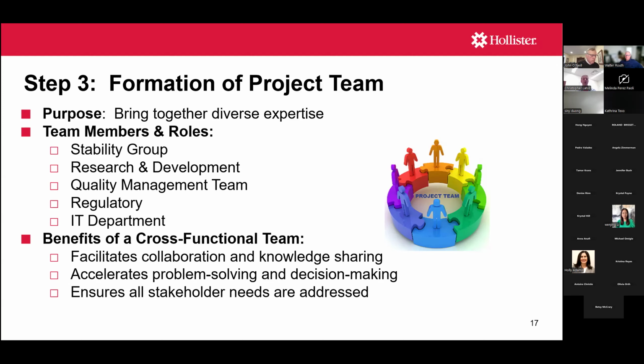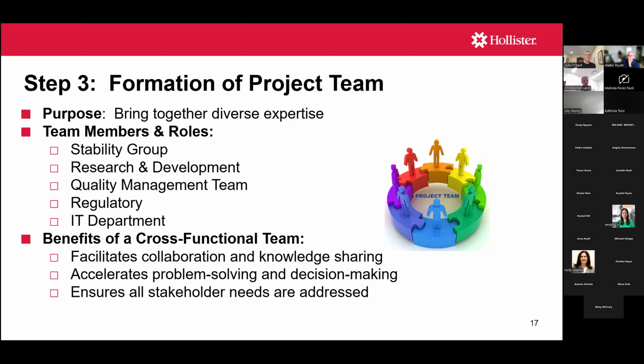If you don't include other people, downstream, you may run into a lot of difficulties where the system doesn't do everything that needs to be done to satisfy maybe regulatory requirements or particular requirements quality may have. So again, very important to have a cross-functional team.